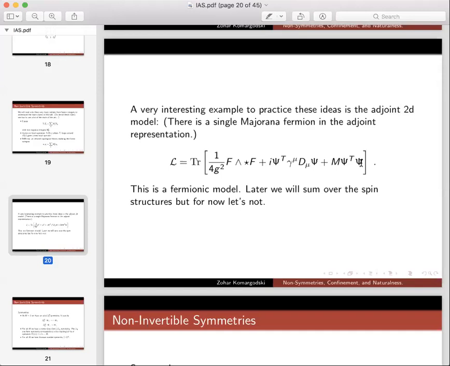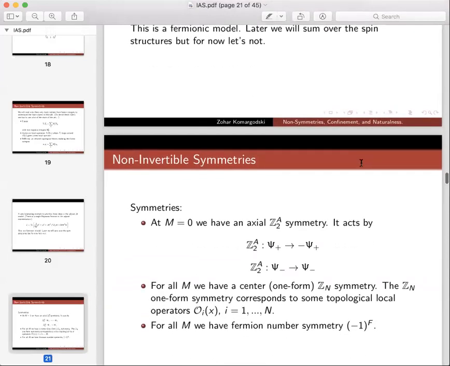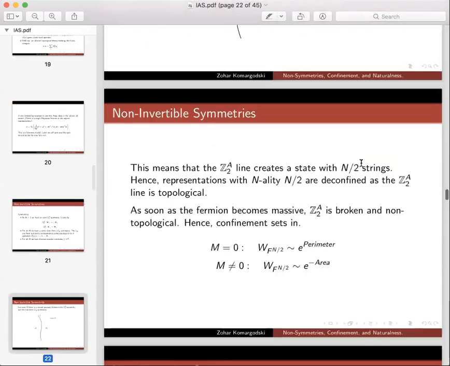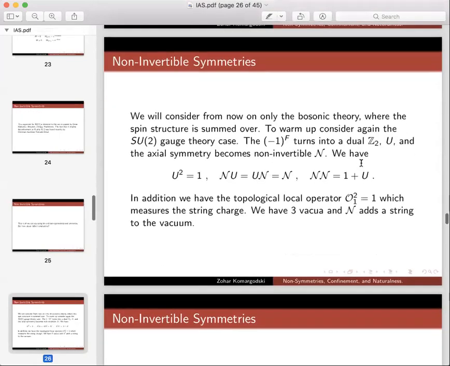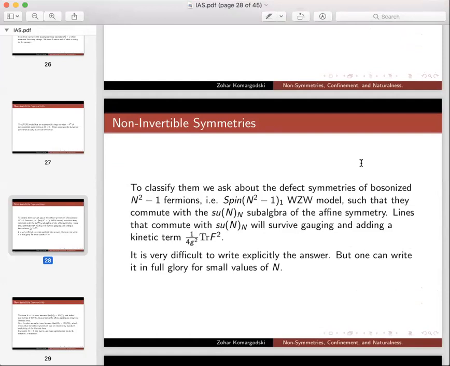You cannot really prove it, but you can make some claims for why it's sensible. The first claim is that if you first bosonize the fermions before gauging the SU(N), you get this WZW model. And then you need to quotient it by the gauge symmetry.